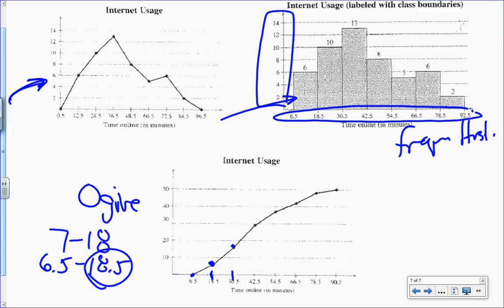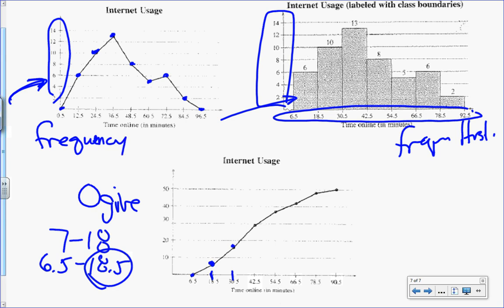So this one we don't know, but this actually is a graph that you can have. What is it graphing here? Is this cumulative or not? No, it's not cumulative. If we look over here, those are just frequencies, correct?